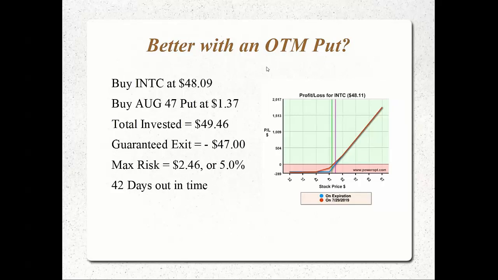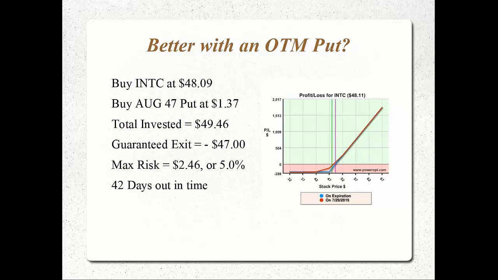Instead of a radioactive six-to-seven-month-out put that's slightly in the money, for better protection and less time decay, as we talked about at the very beginning, we see a much slower time decay. I'll show that in a moment. Buy an August 47 put at 1.37. You might say, why not buy the 45 put? It might only cost 40 cents.